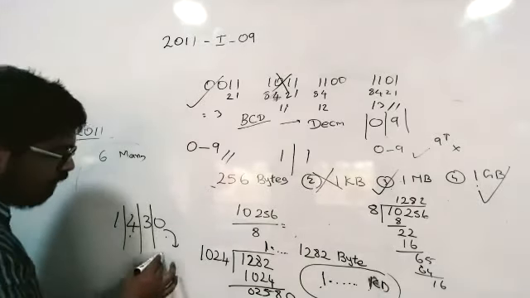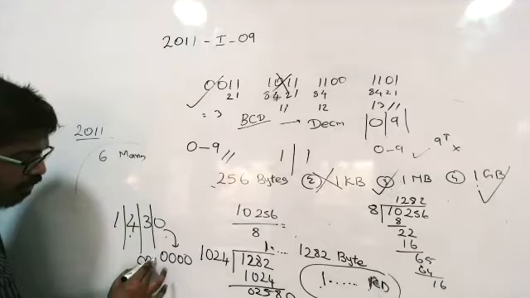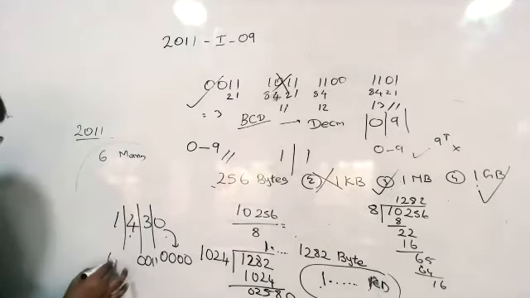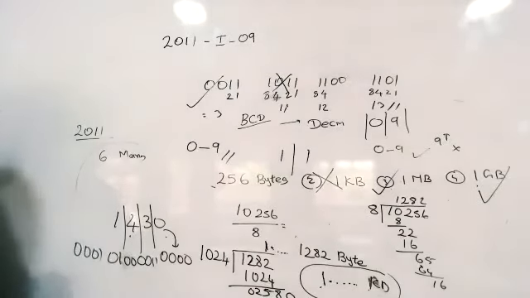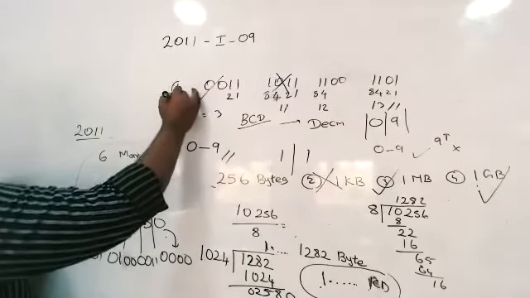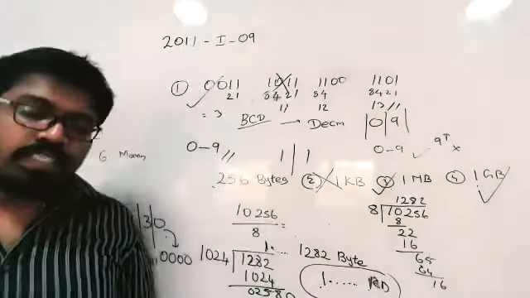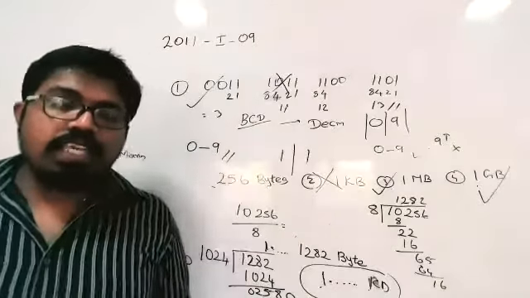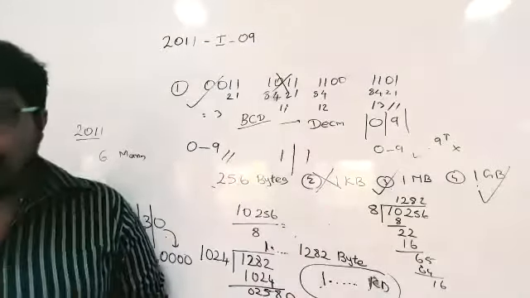Then each and every digit will be converted into 4-digit binary format. The 4 will be 0100 and 1 will be 0001. That's why the answer is the first option, in BCD format. That's the end of 2011 paper, part 1, question number 9.